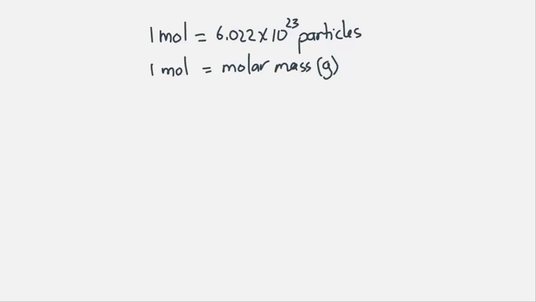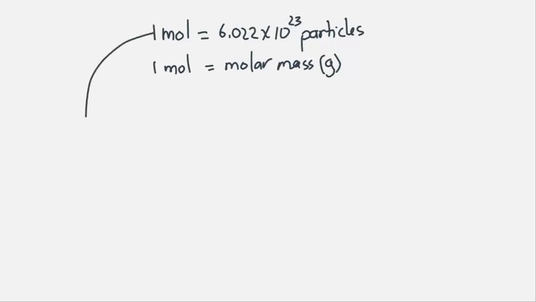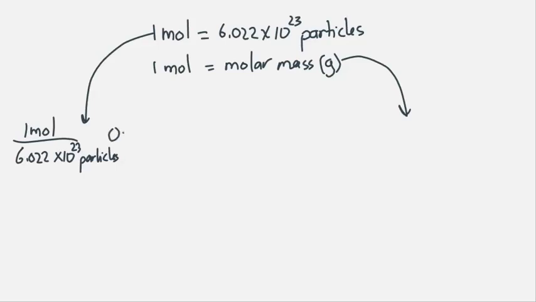Now, these two, I can change them to conversion factors. The first one here, I can change into 2 conversion factors. The second one also I can change into 2 conversion factors. Simply, I put 1 mole over the number of particles, which is 6.022 times 10 to the 23 particles, or I do the opposite: 6.022 times 10 to the 23 particles over 1 mole.